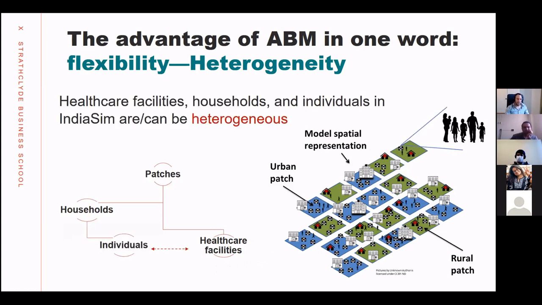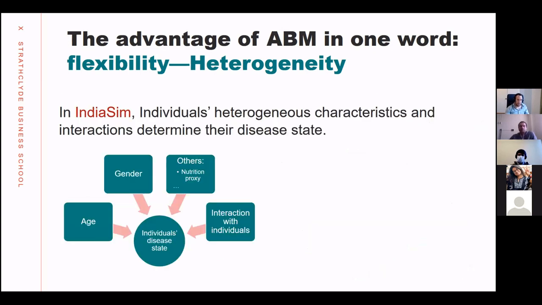Within these households, we also have individuals, and each individual has different characteristics. These individuals' heterogeneous characteristics and their interactions determine their disease states, as well as some other decisions that they make within the model.